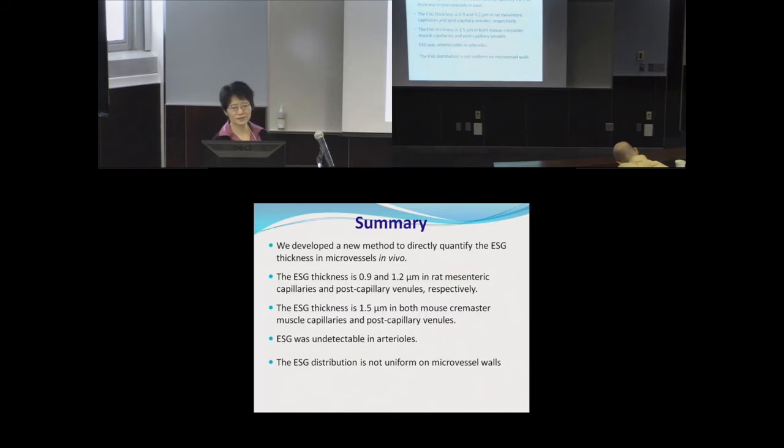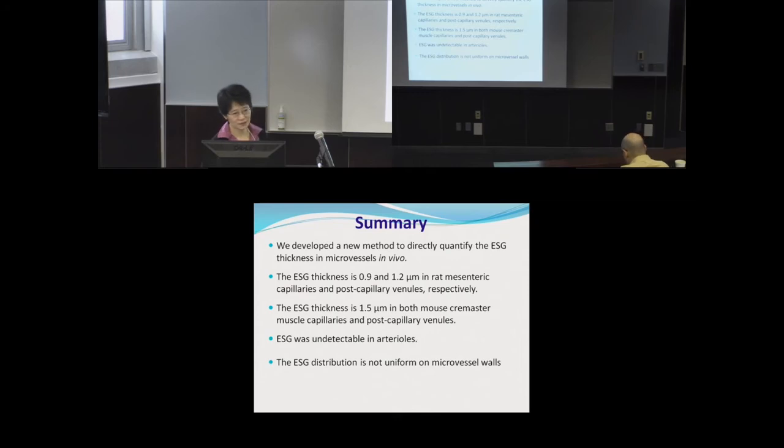So here is a summary for the first part. We developed a new method to directly quantify the surface glycocalyx thickness in microvessels in vivo. And we found about 1 micron thick surface glycocalyx in rat mesentery capillary and postcapillary venule, and 1.5 micron in mouse cremaster muscle capillary and postcapillary venule.